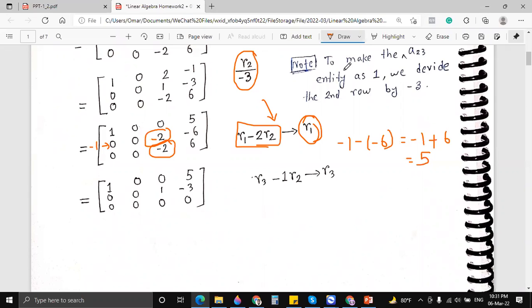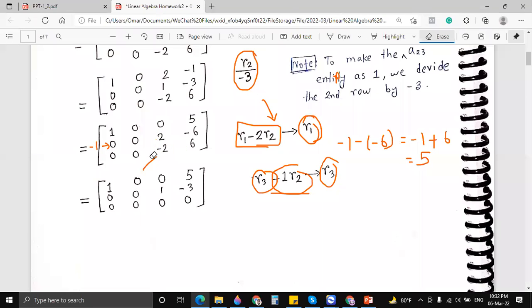So this entry and this entry, they will become the same, right? So that's why I multiply -1 with row 2, and then I subtract the second row from the third row, okay? And I assign that value to the third row because we want a 0 here in the third row.